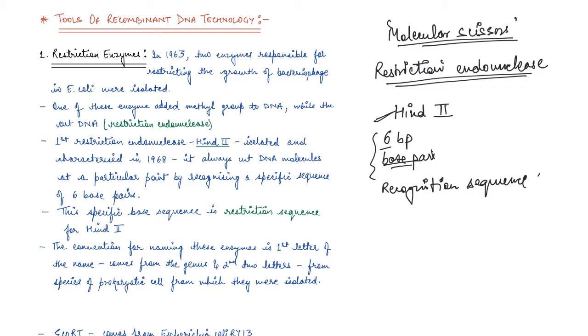Today, we have more than 900 restriction enzymes, isolated from around 230 strains of bacteria, and they recognize different sequences, right?